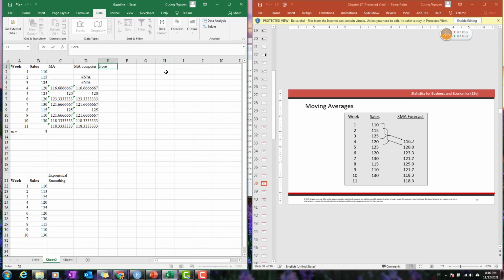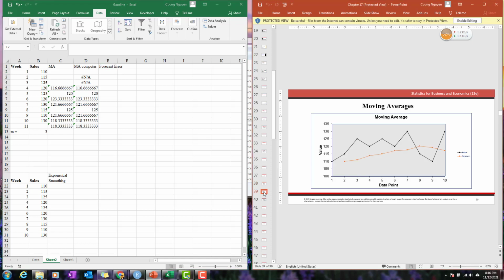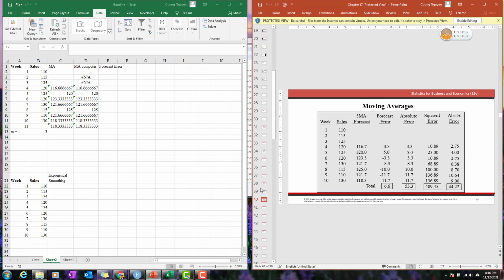Now I show you how to do the forecasting accuracy measurement. We want to check if the model is very good, based on the forecasting accuracy criteria.